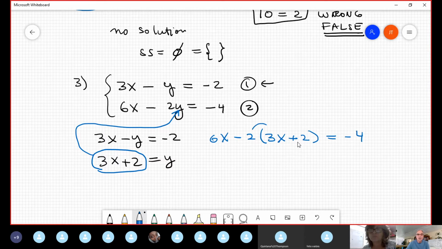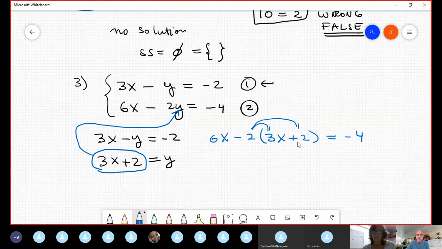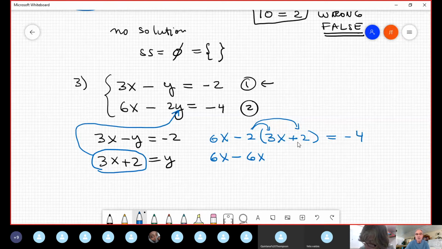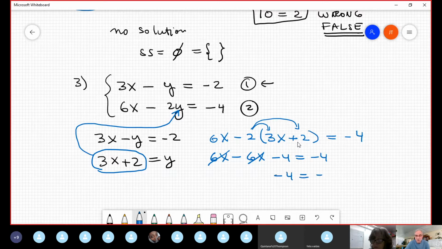Okay, again, I apply the distributive property because I want to remove the parentheses, because my goal is to solve for x. And you copy 6x minus 6x minus 4 equals negative 4. And again it happens that this x is canceled. We can't solve it. However, we get a true statement.